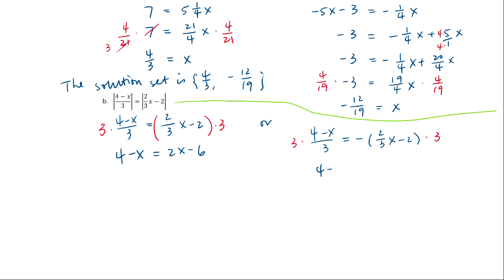That would give me 4 minus x is equal to, here think about you're really distributing negative 3 to the entire thing. If it helps you think through this more easily, you can put the 3 over here because we have the commutative property for multiplication. And as we do this, we're going to get a negative 2x plus 6.